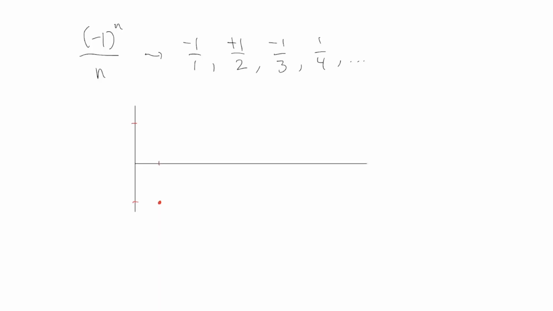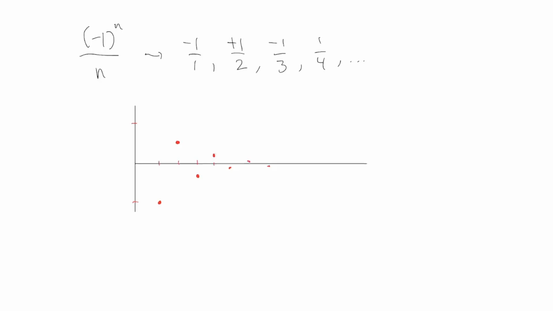The next one is positive 1/2, that's up here. The next one is negative 1/3, so it's down here, but it's getting closer to the x-axis. The next one is positive 1/4, which is like here. Then negative 1/5, positive 1/6, negative 1/7.